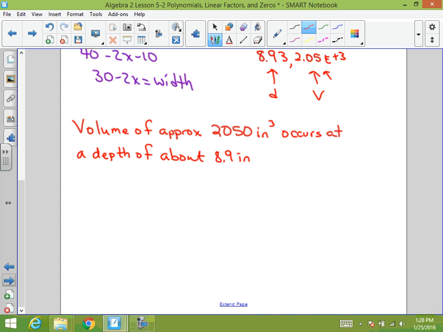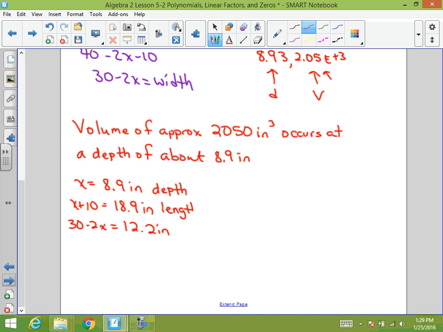If my depth is 8.9 inches, I can find all my other dimensions. If x equals 8.9 inches, x plus 10 equals 18.9 inches, and 30 minus 2x equals 12.2 inches. So my depth is 8.9 inches, my length is 18.9 inches, and my width is 12.2 inches.